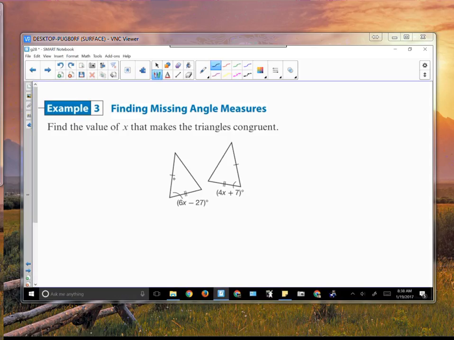So, these sides are congruent, these sides are congruent, and the angle that is formed by those two sides is congruent. So yes, I can go through and do this now. So that means that 6x minus 27 is equal to 4x plus 7. One is on one side, one is on the other. Now we simply use our algebra to go through and solve.